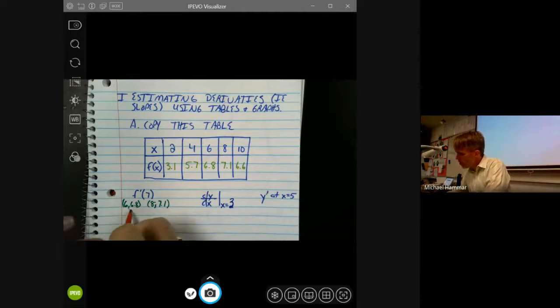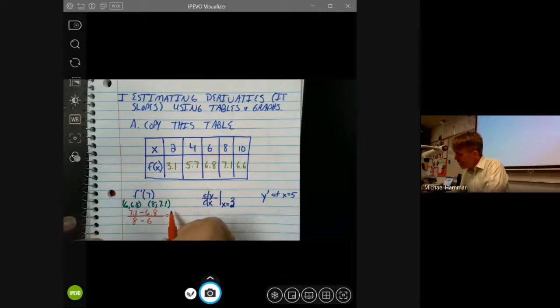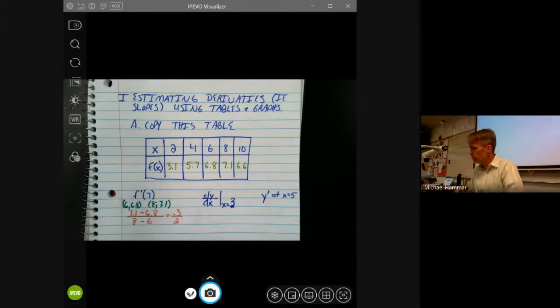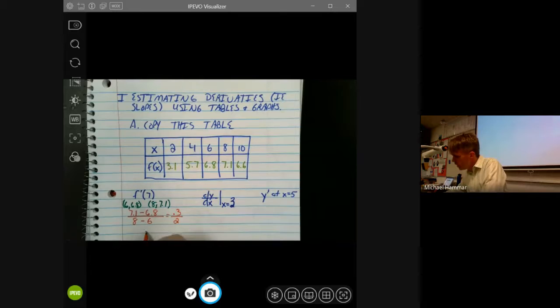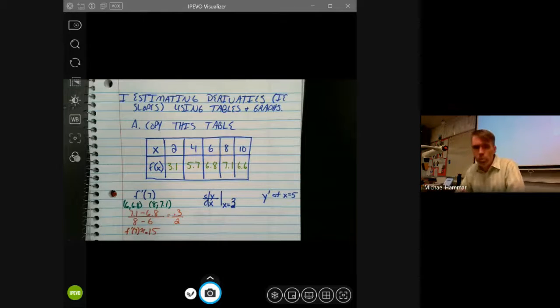So we're just going to do 7.1 minus 6.8 over 8 minus 6. So we get 0.3 over 2. If we do this as a decimal, 0.3 divided by 2 is 0.15. So f prime at 7 is about 0.15.